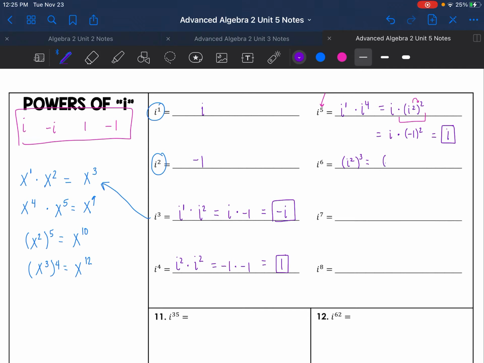You know that it's -1. So I replaced the i squared with -1. Now in your calculator, do -1 in parentheses to the 3rd power. And you should get -1.